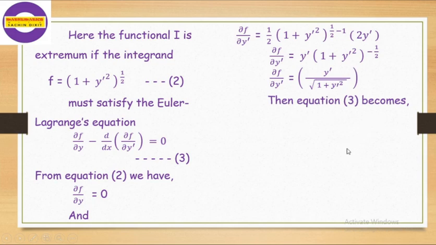Now we have to simplify this. Then equation 3 becomes, we have to put the values of ∂f/∂y and ∂f/∂y' in equation 3. We get ∂f/∂y is 0, the minus sign as it is, d/dx of ∂f/∂y', which is y' divided by the square root of 1 + y'^2, equal to 0.